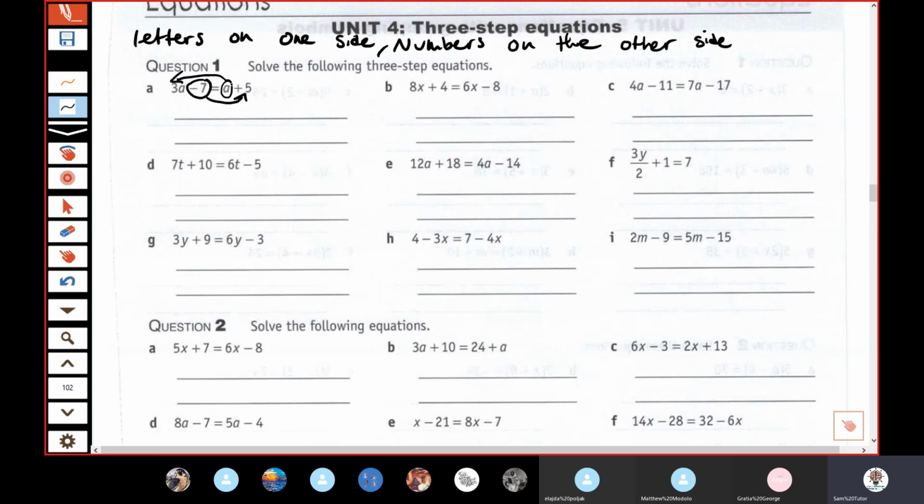So 3A minus A, 5 plus 7. Right? Because when you're trying to do this, you're always doing the opposite. All right, 5 plus 7, or maybe I might just do it slower. 5 plus 7.